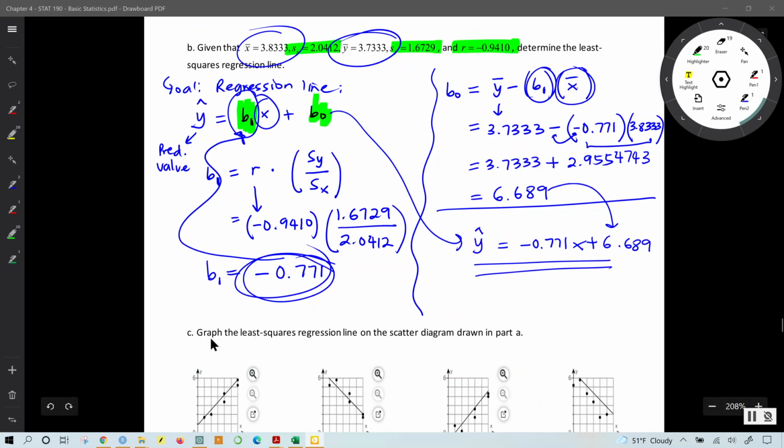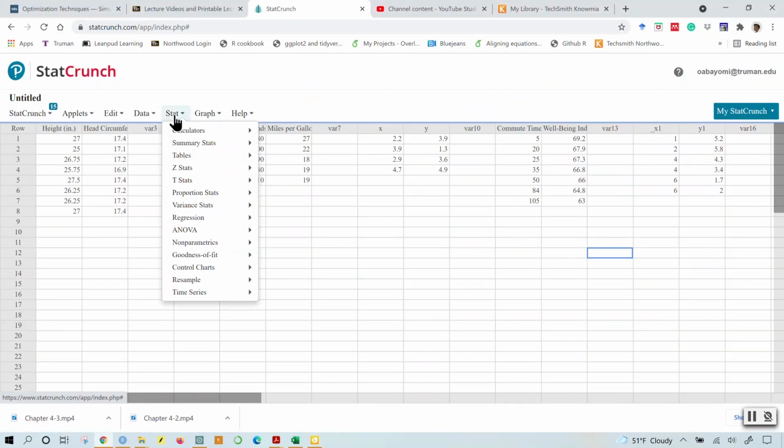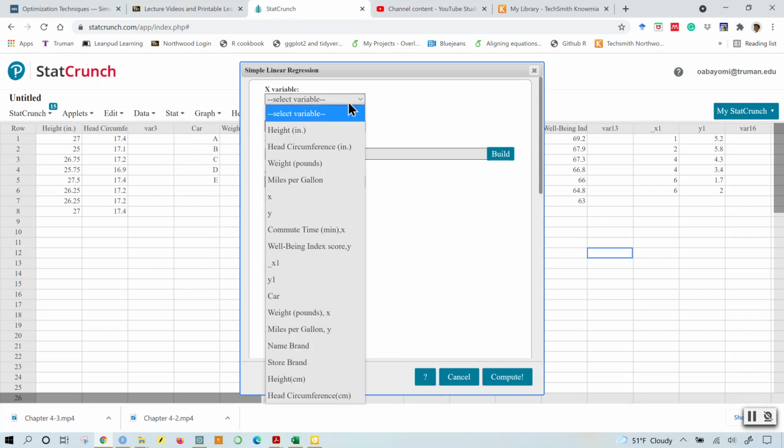Before we complete question C, there's something interesting I'd like to show you. This computation could actually be done in StatCrunch. And let's see how we can do that. We go to StatCrunch. Step 1, you go to Stats. I would like to do regression, a simple linear regression, and then choose your x variable.